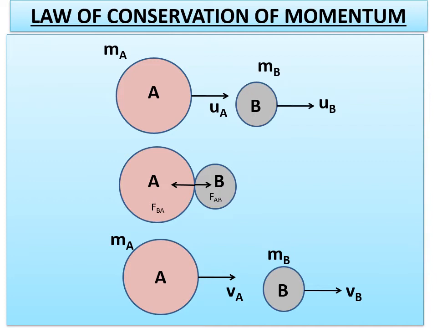Let MA be the mass of ball A and MB be the mass of ball B, and UA be the initial velocity of ball A and UB be the initial velocity of ball B.